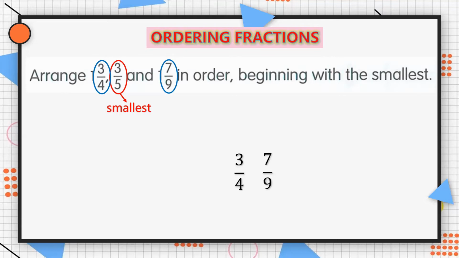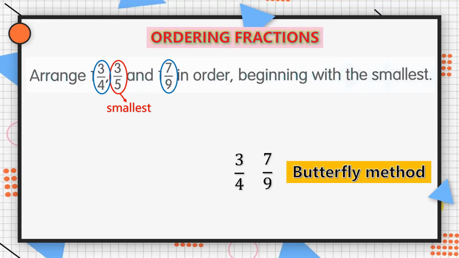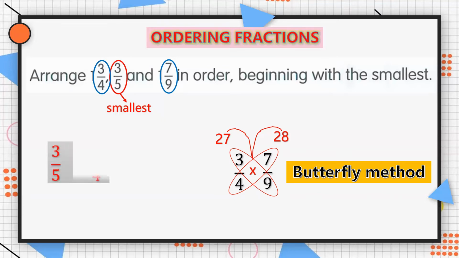We can compare them by using the butterfly method or cross multiply. 3 times 9 is equal to 27, and 4 times 7 is equal to 28. 27 is smaller than 28. Therefore, the order of our fractions will start with 3 over 5, then 1 and 3 over 4, and 1 and 7 over 9.